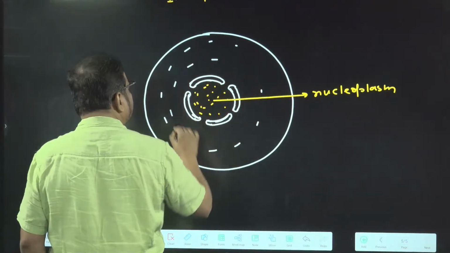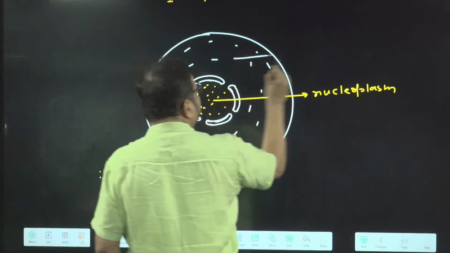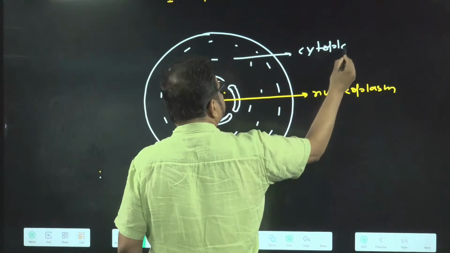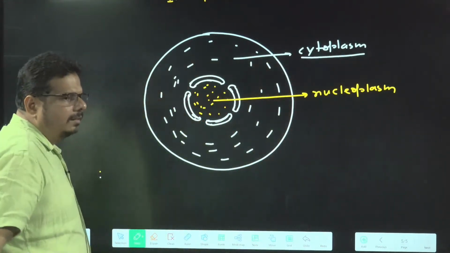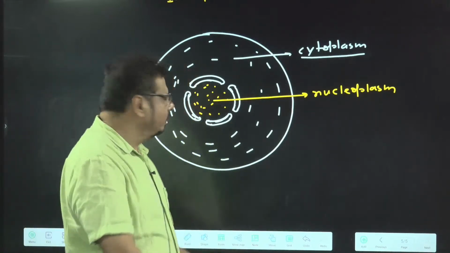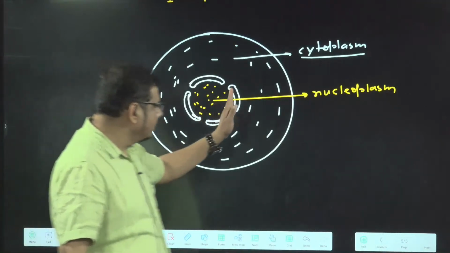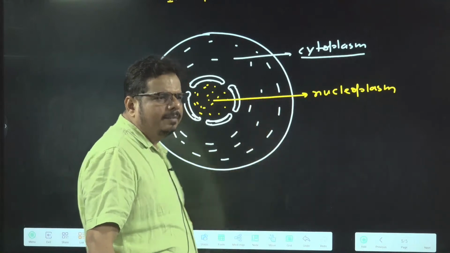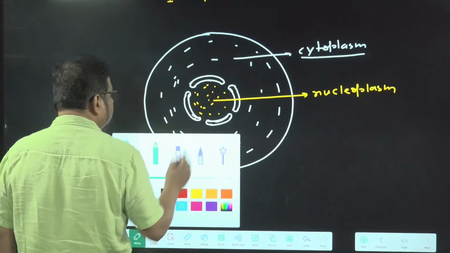The fluid filled matrix in the cytoplasm is cytosol. So fluid in the nucleus is different and fluid in the cytoplasm is different. Cytoplasm is present outside the nuclear membrane and inside the plasma membrane. You already know this.